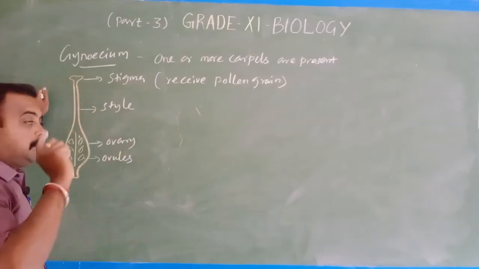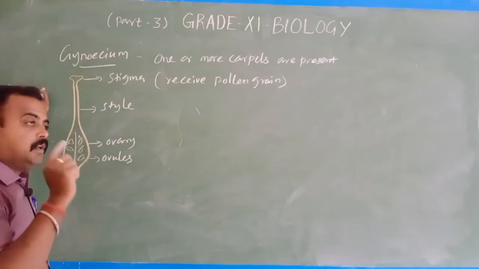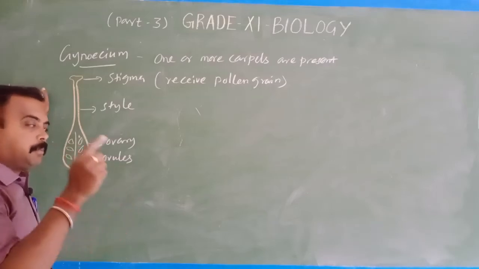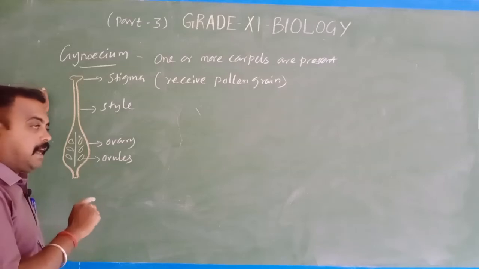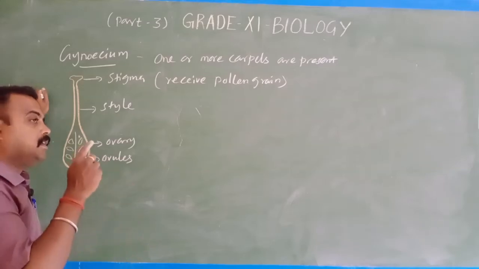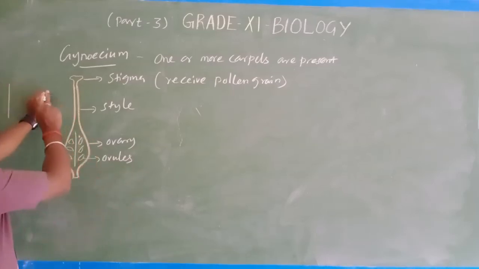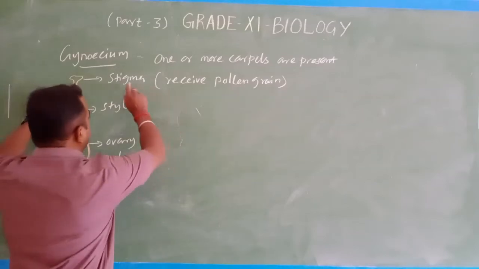The male reproductive part produces pollen grain from the pollen sac, which is transferred by air or by insects, whatever it may be, and received by the stigma.